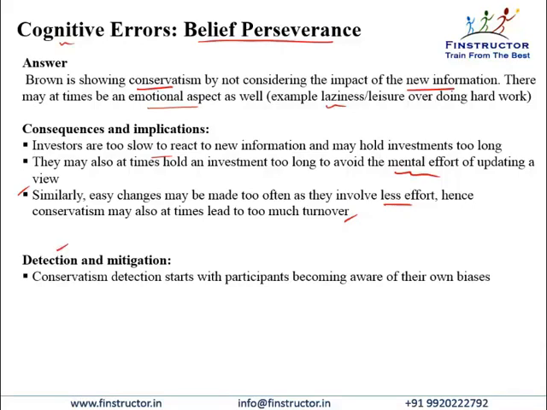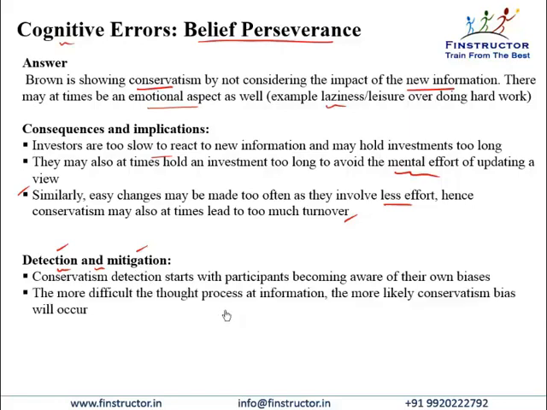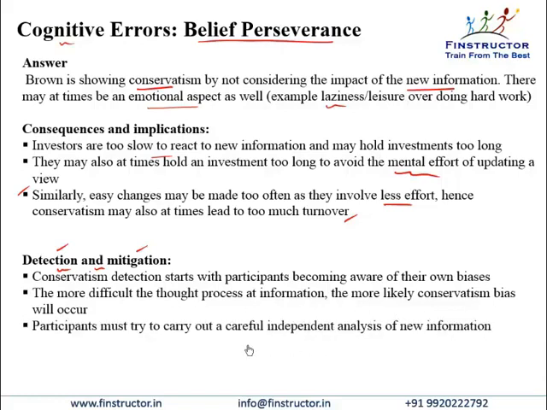So how do we detect and mitigate these biases? For most of the biases, if the investor can be made aware of the bias, or if we ourselves become aware of the biases, that's half the job done. If we see that the investor is avoiding difficult information, or a difficult thought process is being oversimplified, then conservatism bias is more likely in a situation like that.